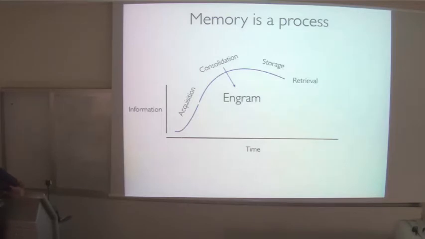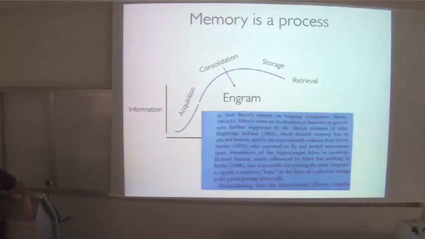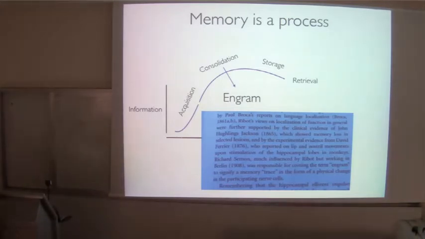It is a physical change that keeps the trace of this information. Okay, so this was this guy Ribot, and he coined the term engram, a memory trace in the form of physical change in the participation of neurons. Okay, neurons, synapses, whatever.